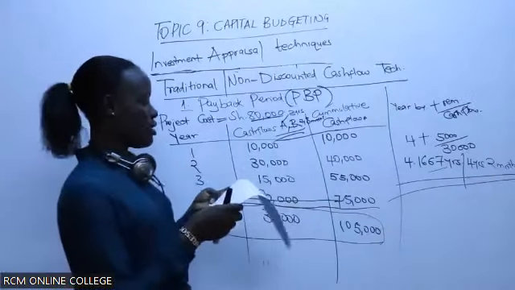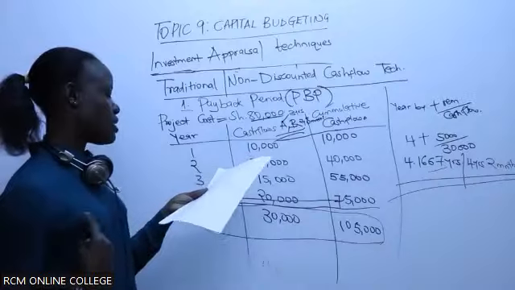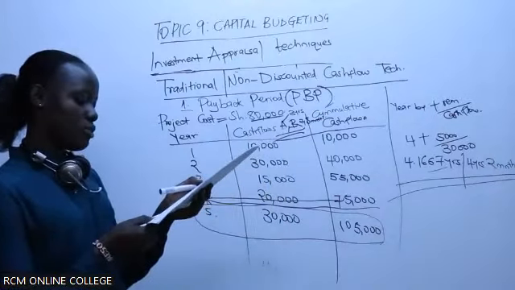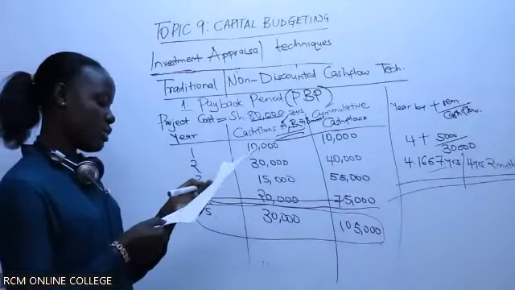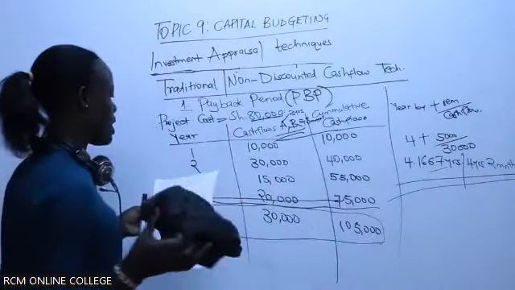Okay. So for instance, you're told, consider a case of 2 machines for which the following information is provided. So I'm going to draw a table.